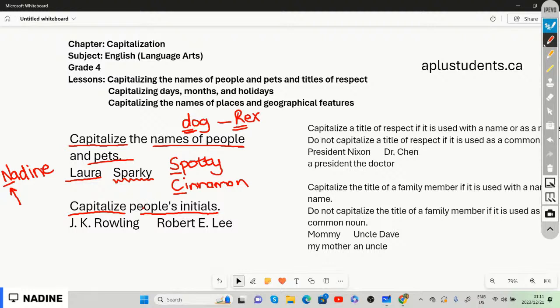Like, for example, I have two names, right? So my first name is Nadine, then I have a second name. Which means that my initials will be NC and then my surname, right? So N is my first name, C is my second name, and then my surname.